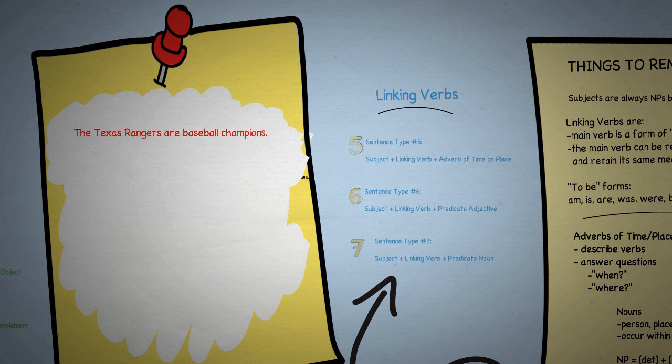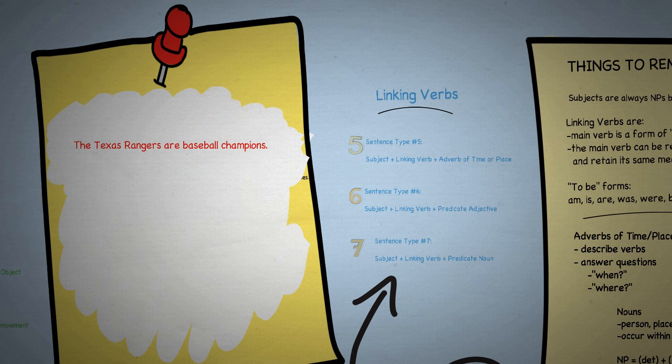In the sample sentence, the Texas Rangers are baseball champions, we find that we have a main verb. It is are, which is one of the forms of the to be verb. This is our requirement for a linking verb. We know that we're not dealing with an action verb because we have the to be form as our main verb.